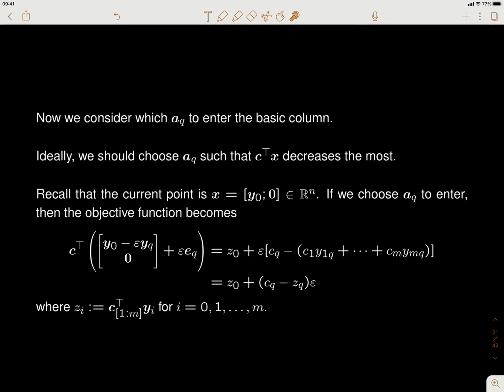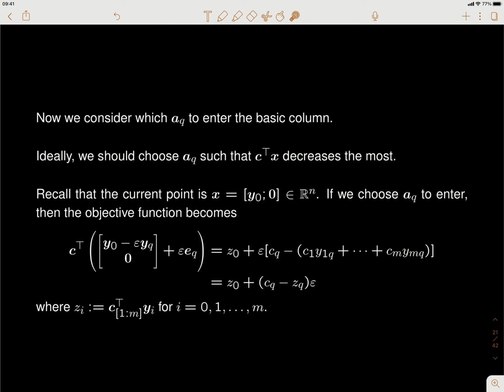So this is how we're going to decide which AP is to be removed. And next, we're going to consider which vector AQ is going to enter. The reason why we're going to replace the AP by the AQ is because if we use the AQ as a basic column, then the corresponding basic solution has a smaller function value.